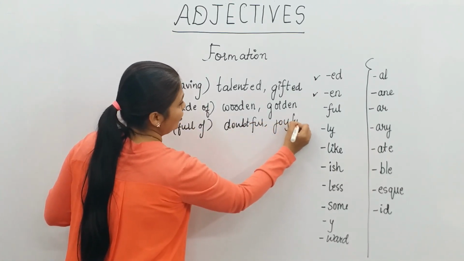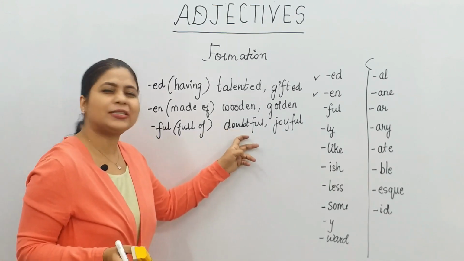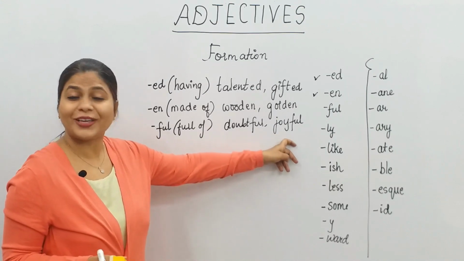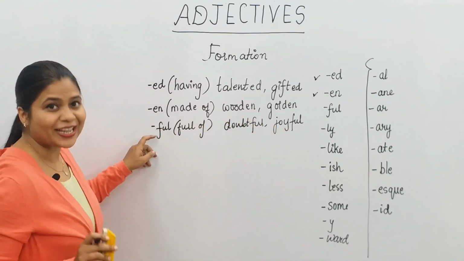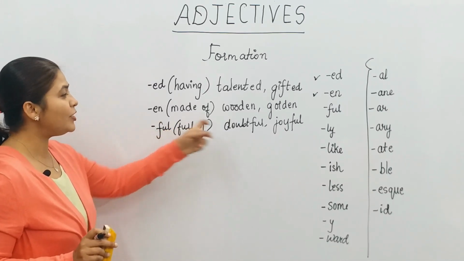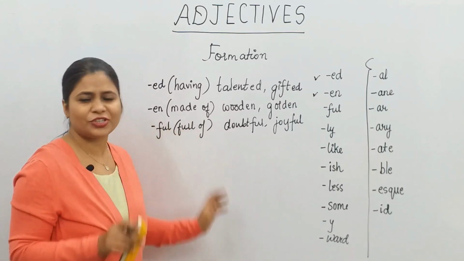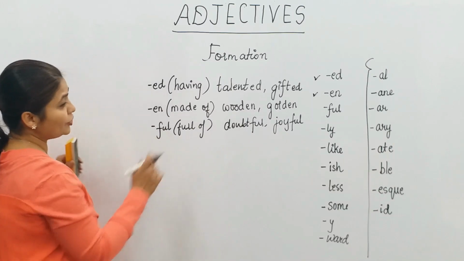Joyful, full of joy. A doubtful gentleman. How to convince him? A joyful time, a happy time with family and friends. I've used adjectives. I formed them by adding the suffix ful to the nouns doubt and joy. That's what we do most of the time. Add these suffixes to the noun and make their adjective form.